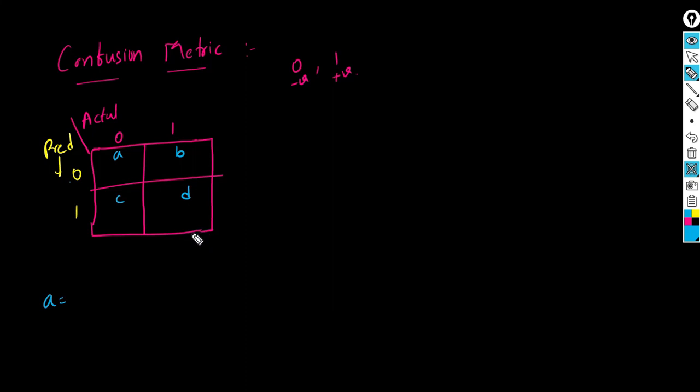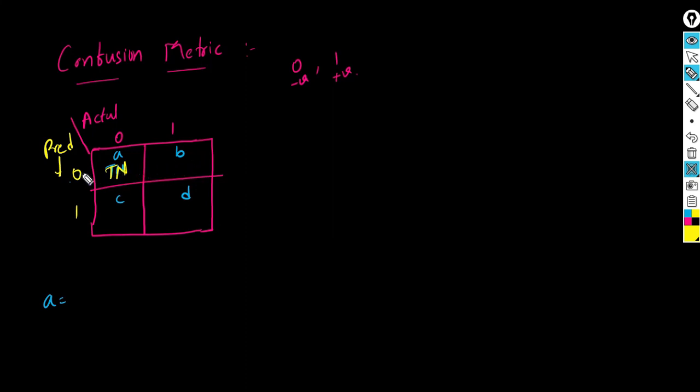Now let's go through some terminology we use in the confusion matrix. This will be called true negative. I will use a different color. True negative, because 0 is the negative class, predicted is 0 negative, and actual is also negative. That's why it is true negative.